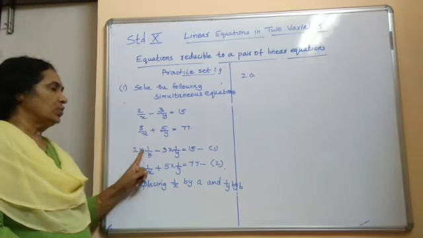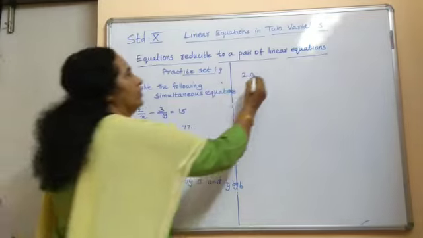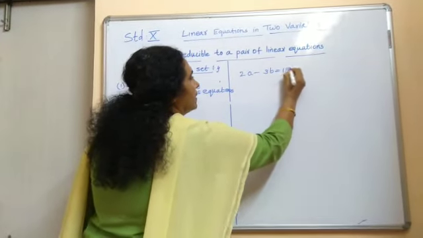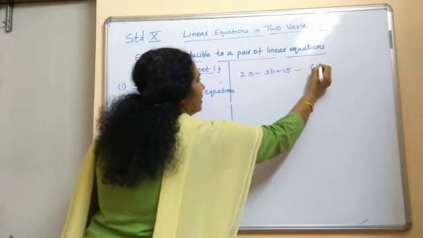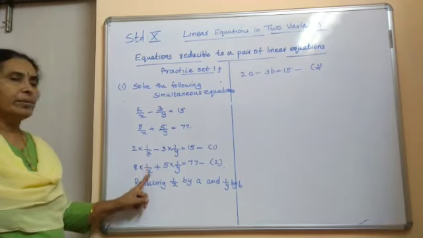So this is 2a minus 3b is equal to 15. Equation number 3.